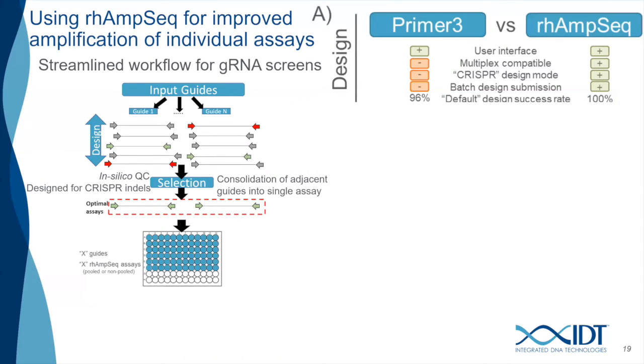And so the user interface is really slick and allows you obviously to multiplex, and then it adds on this ability to have that CRISPR specific design. So it'll take into account the indel events that could occur and get the correct window size there, and allows for that batch design submission to account for if you're looking at thousands of guides at once. And then additionally, it allows that multiplex capability.